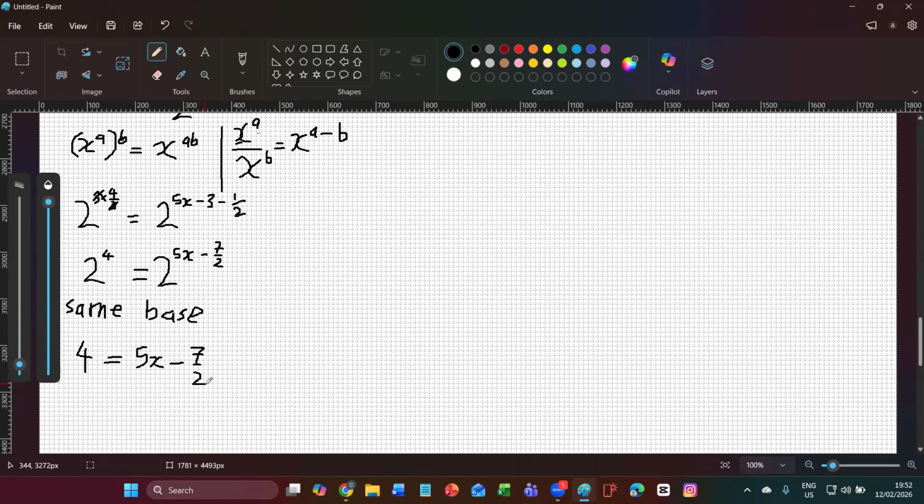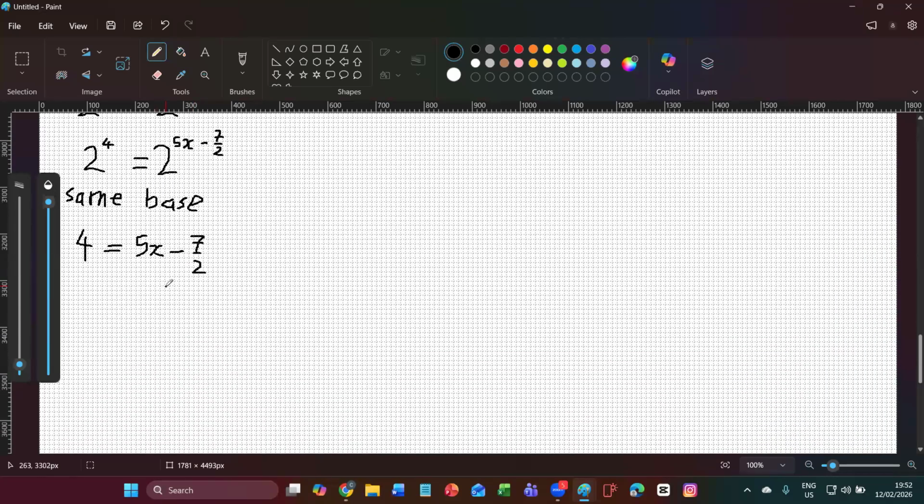Can we collect like terms, right? Yes, sir. We take this minus 7 over 2 to the left side. That will leave us with 4. Now, this is what I usually like to do. I can take that 7 over 2 back to minus 3 and a half if you want.